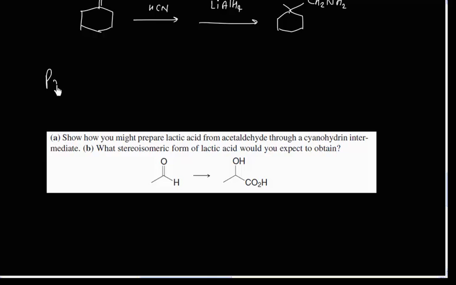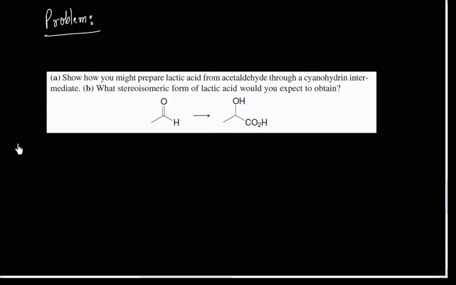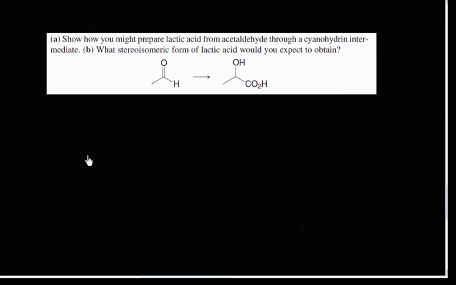Let us try this problem. We have been given acetaldehyde and we have to prepare lactic acid. The structure of lactic acid is given, so we can use cyanohydrin formation.